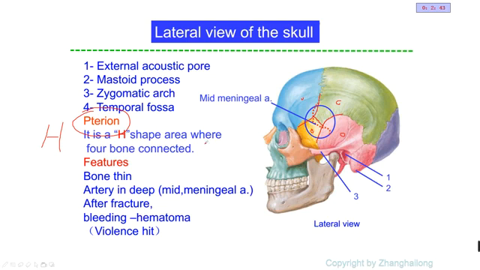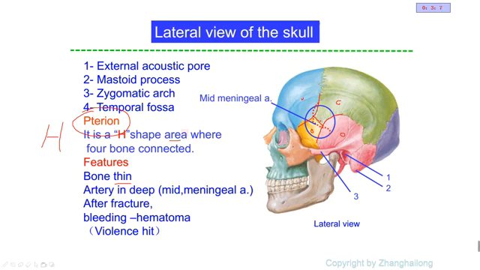And what's the significance of the H-shaped area? Okay, the bone in this area is very, very thin. So, in our life, it's very easily broken if there is a very powerful hit on this area.